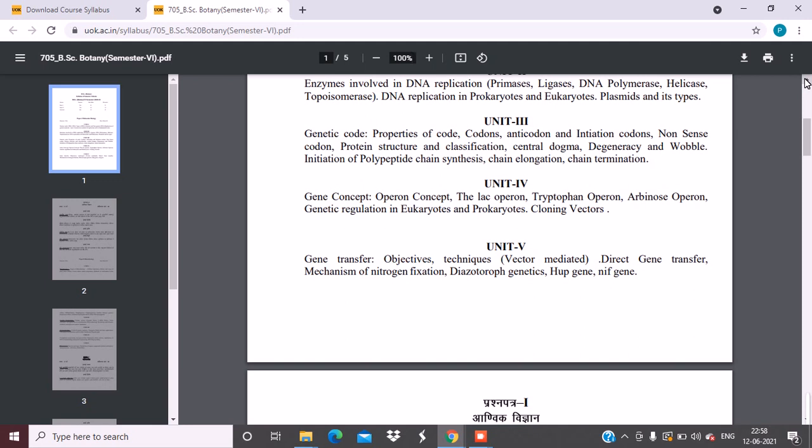So first you study from Pradeep's biology, and then for genetics you can refer to the book A Textbook of Genetics by Dr. Veerbala Rastogi. Most of the topics will be covered in that book.